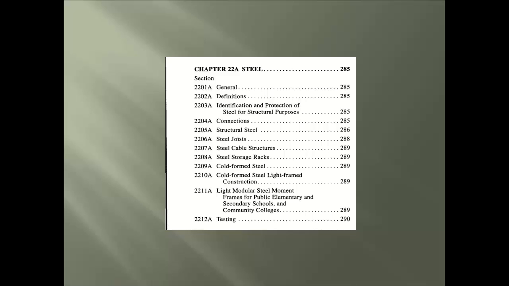The chapter covers the quality, design, fabrication, and erection of steel used structurally in buildings or structures, and light gauge steel is also covered. The first thing to understand with using this chapter is that all the answers to the questions that will arise with steel are not found just here. You will also need to use the AWS and ASCE codes and AISC specifications.